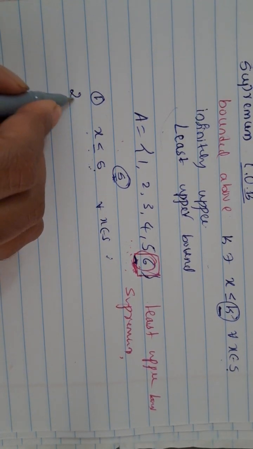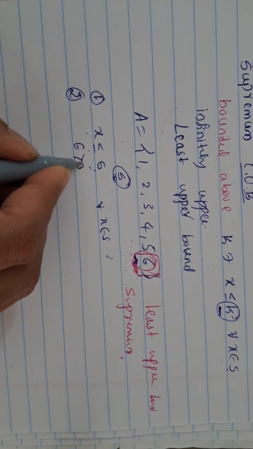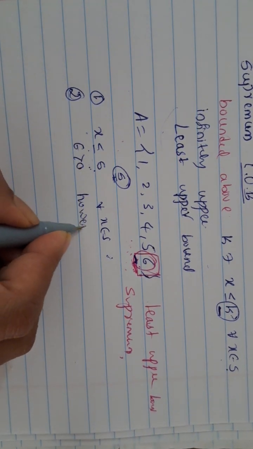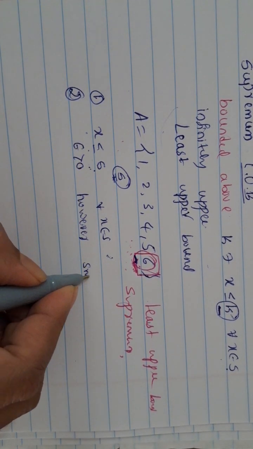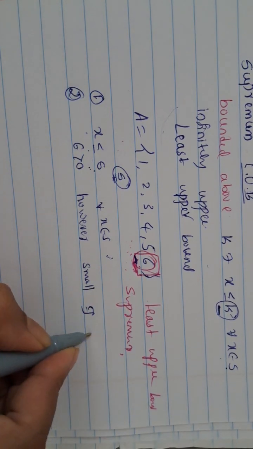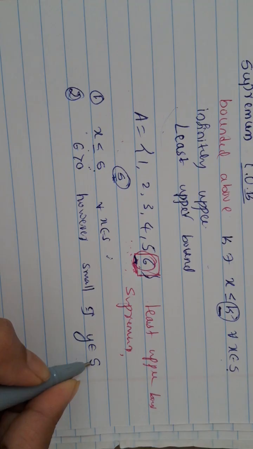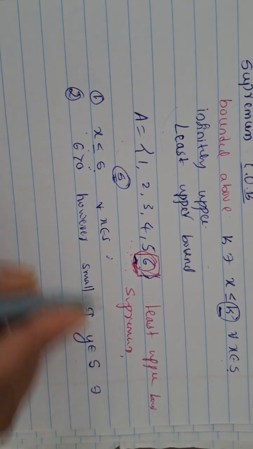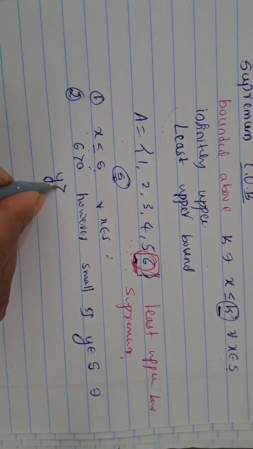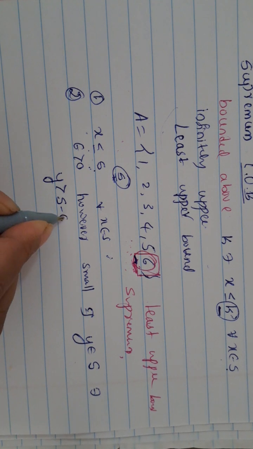The second condition is, for a given epsilon greater than 0, however small, there exists y belonging to the set S such that y is greater than S minus epsilon.